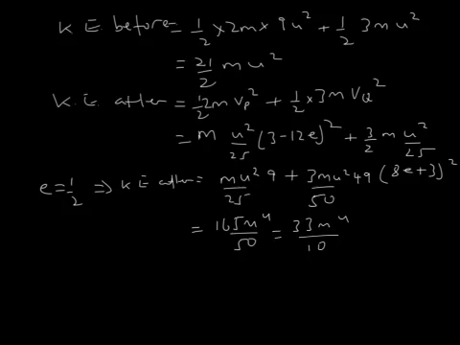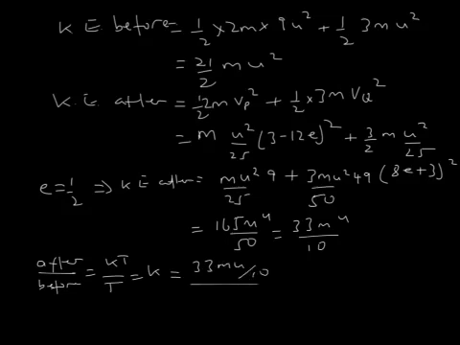So the kinetic energy before is k over t, which is k, and we know that after is 33mu squared over 10, and before is 21mu squared over 2. I seem to have lost some squareds there, so it's there.